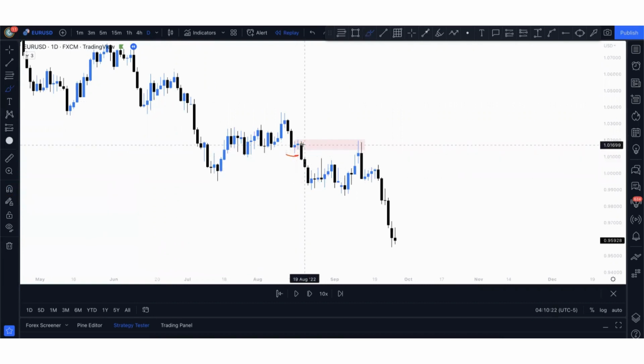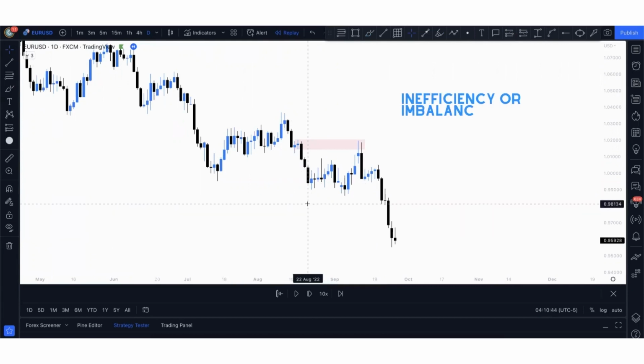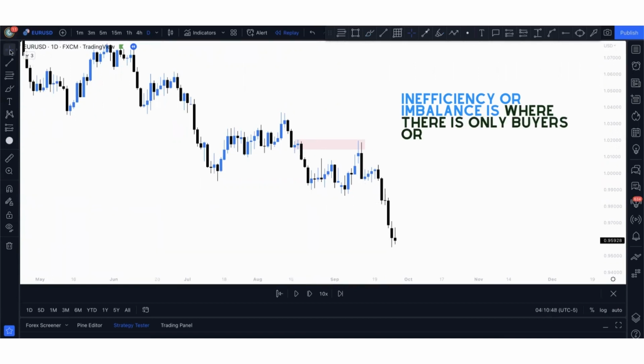So as you can see, this is the last up candle that caused the break, before having this impulsive move to the downside. I'm also seeing an inefficiency. An inefficiency is an imbalance in the market where there are no buyers on this area.